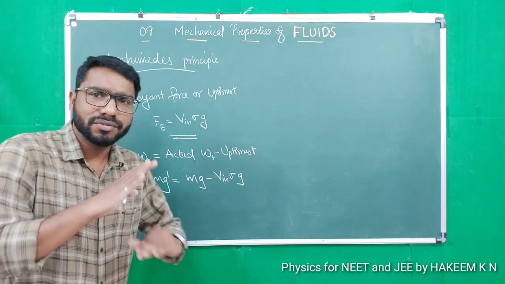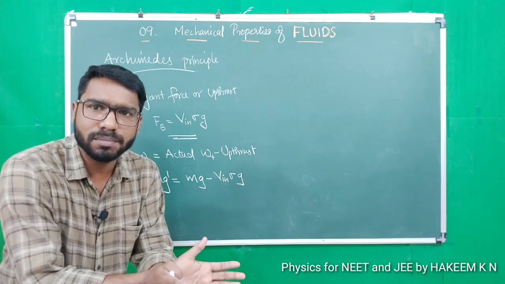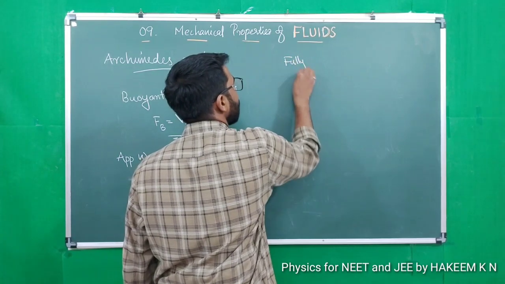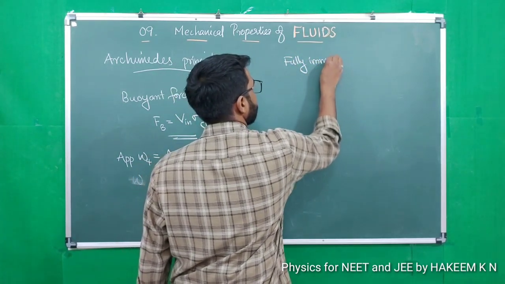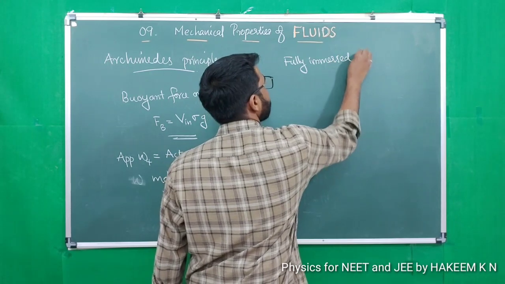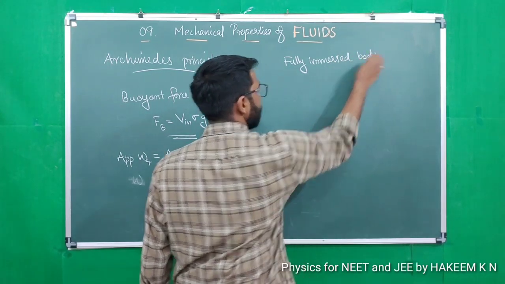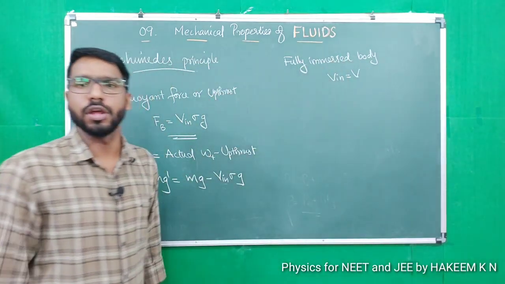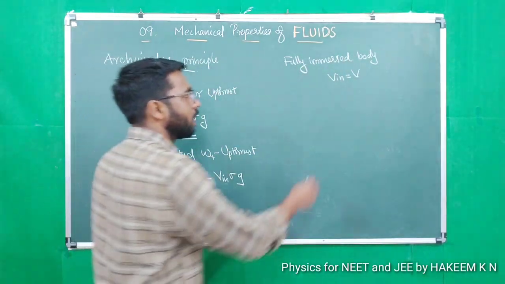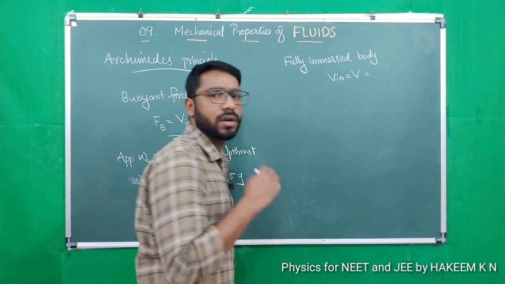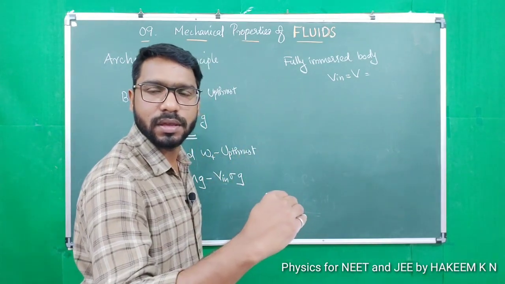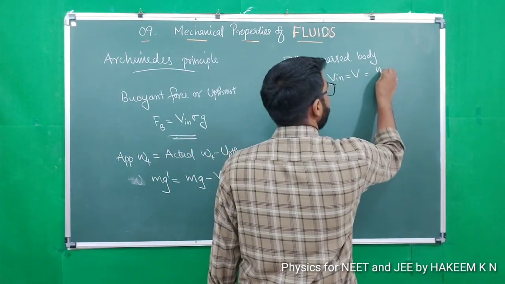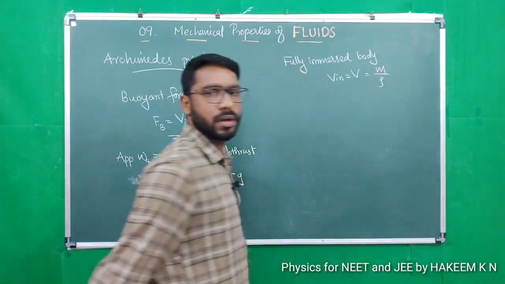If the body is fully immersed, then V inside should be equal to V, the volume of the body. For density we write mass by volume, so for volume we can say m by rho.